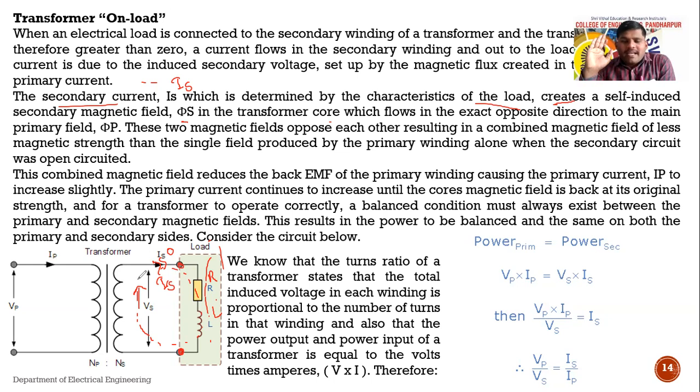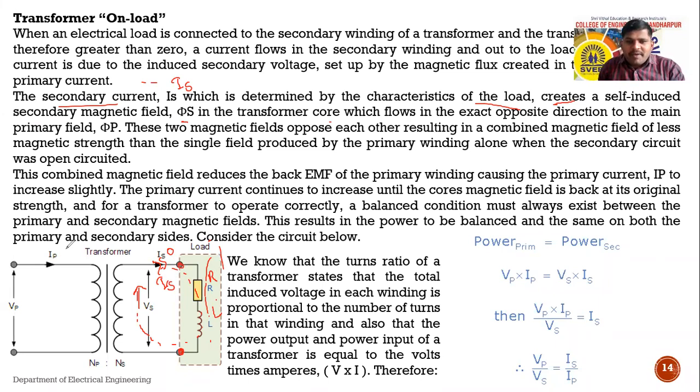That means when the current flows from the secondary winding, due to that current it will produce some flux. Due to that flux it will induce some EMF in the secondary winding. According to the working principle, if current starts flowing in any winding, some flux is produced.